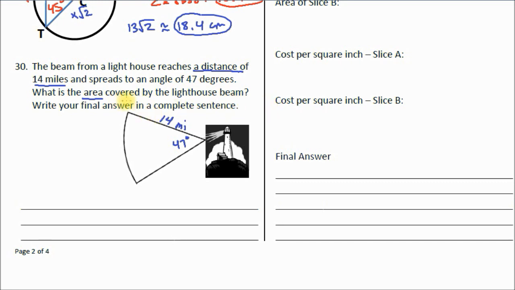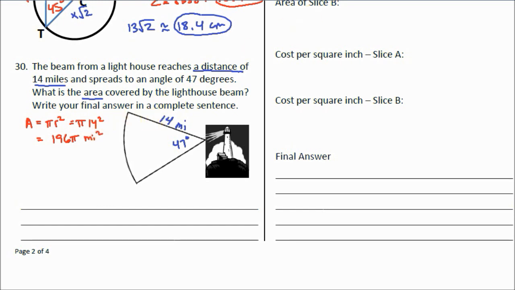All right, well, this is a sector area. So the first step is to find the total area. The total area, if this were a whole circle, would be pi r squared, which would be pi times 14 squared, which would be 196 pi. That'd be miles squared.